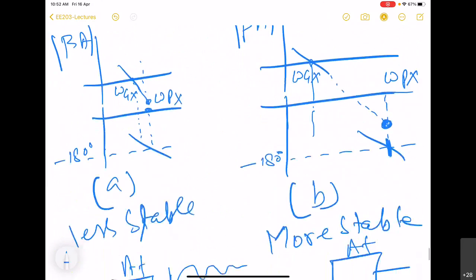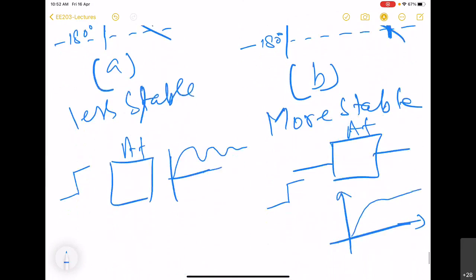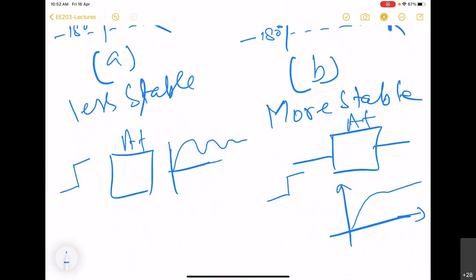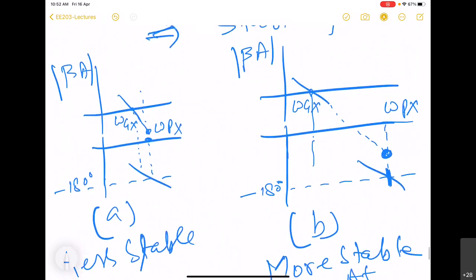So we say that there is a relative degree of stability between these two systems. One system is more stable compared with the other one. And this relative stability is actually dictated by the gap between these two frequencies, the gain crossover and the phase crossover.